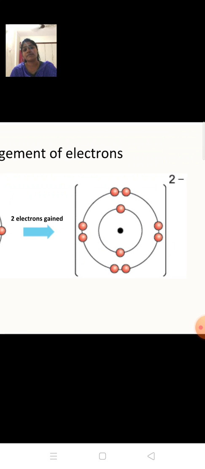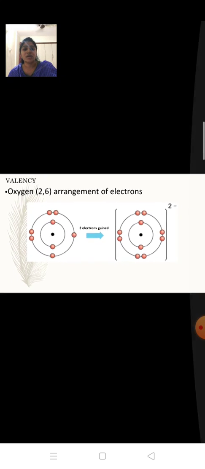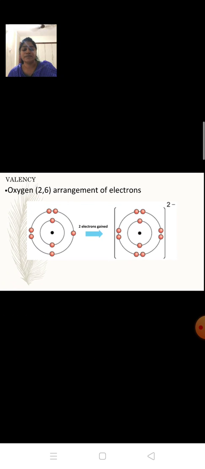When oxygen accepts 2 electrons, the last shell is complete with 8 electrons. The charge on oxygen is -2, so the valency of oxygen will be -2. This is how valency is found out.